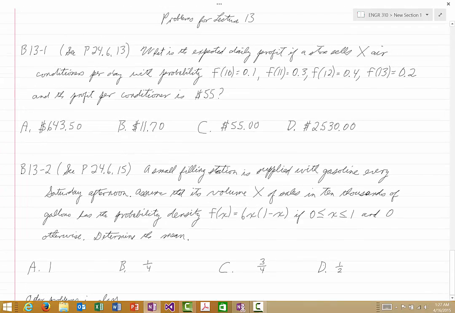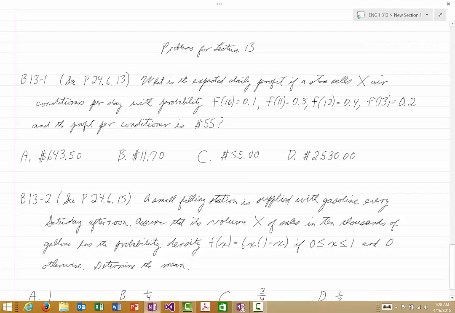Okay, so the problems for lecture 13 are the following. The first one, B13-1, which is, I guess, actually identical to problem 24.6.13 in your text. It says, what is the expected daily profit if a store sells X air conditioners per day with probability little f of 10 equals 0.1, little f of 11 equals 0.3, little f of 12 equals 0.4, and little f of 13 equals 0.2, and the profit per conditioner is $55.